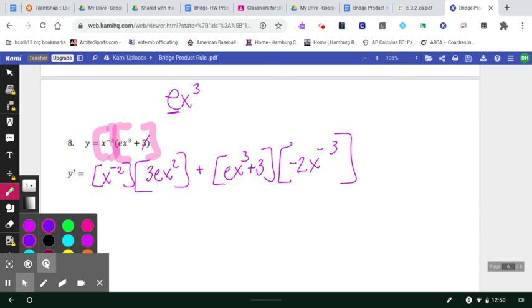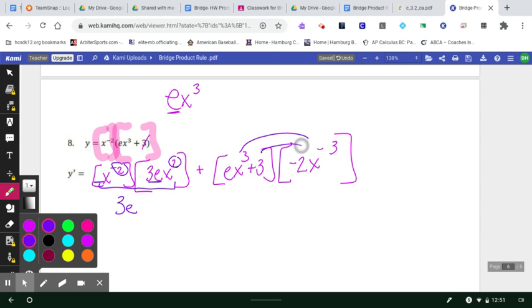So let me keep cleaning this up. If I multiply these two terms, now I can multiply and add the exponents. So this coefficient is a 1, this coefficient is 3e. And a negative 2 and a positive 2 make 0, so there are no x terms, it's just 3e, which is handy. I'm going to distribute these through. So then I'm going to get minus 2e, and again, the x cubed and x to the negative 3 cancel out because they add to 0.